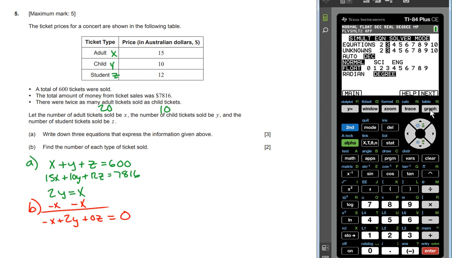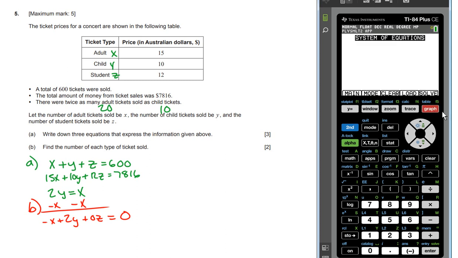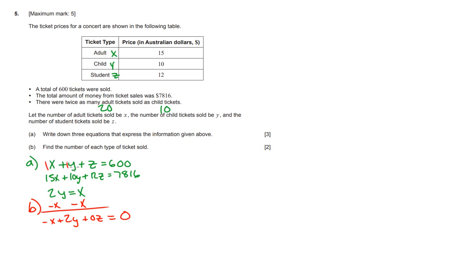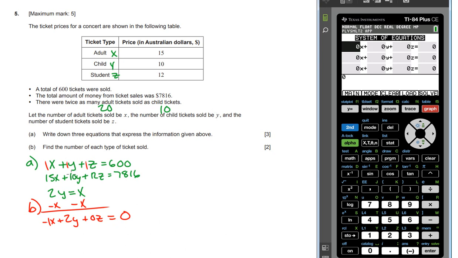And then we're going to hit the next button, which is the graph button. See how it's in this little bubble here. So we put next, and then we put in all of our numbers here. So this is 1x, 1y, 1z, and that's negative 1x, 2y, and 0z. So we have everything in there. Now it's just a matter of putting those all in. So 1, enter.